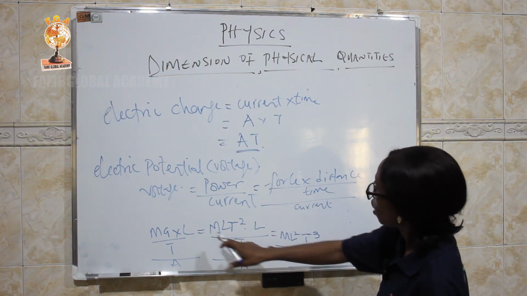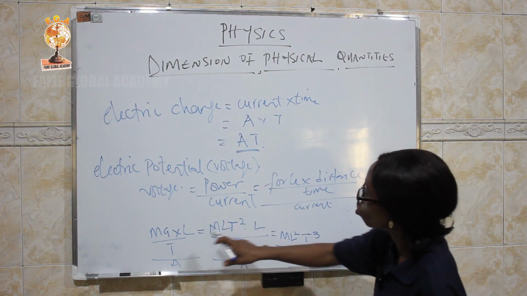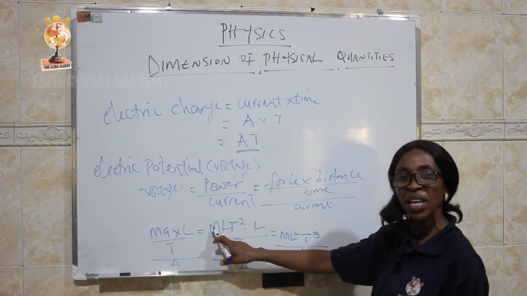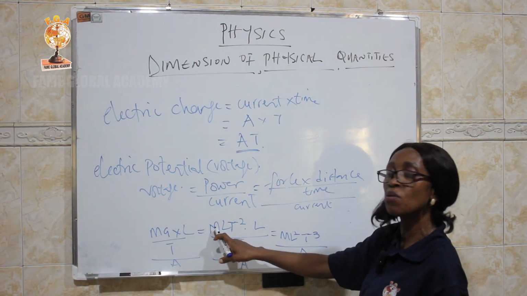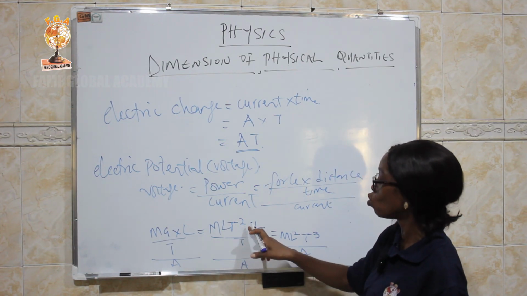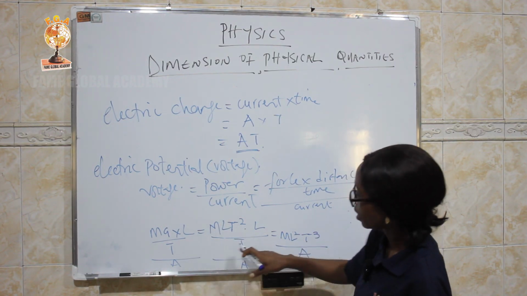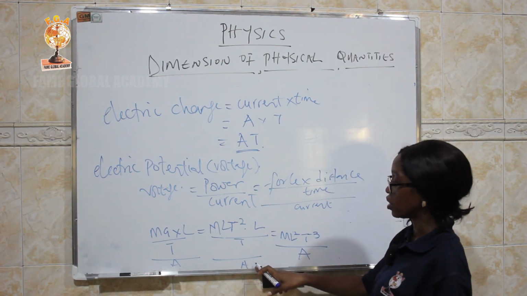And then we said MA is ML T minus 2. The M is still there. Mass is still M in dimension, as acceleration is LT minus 2 times L, which is the distance, all over T, then over the current.